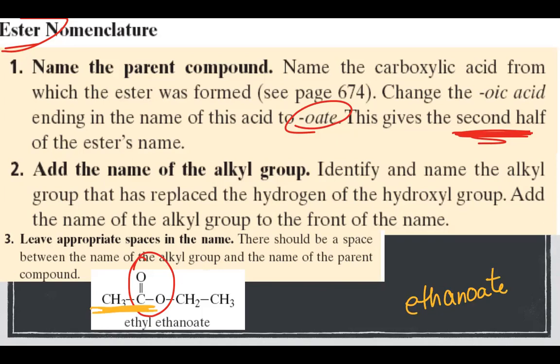And then on the other side, you see here's where the single bonded oxygen is. So that means that this is the alkyl group. This 2-carbon chain has replaced the hydrogen that used to be at the end of that. So that's your alkyl group. And again, 2 carbons is ethyl. So ethyl ethanoate.